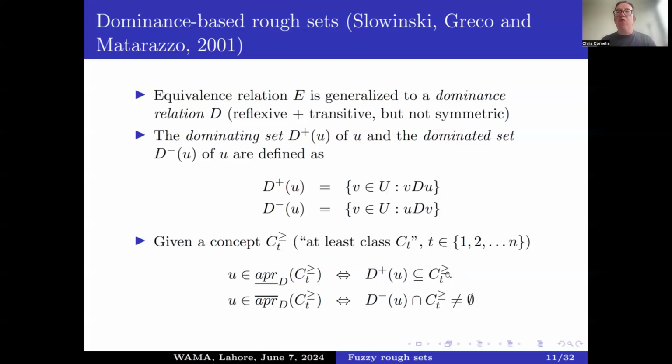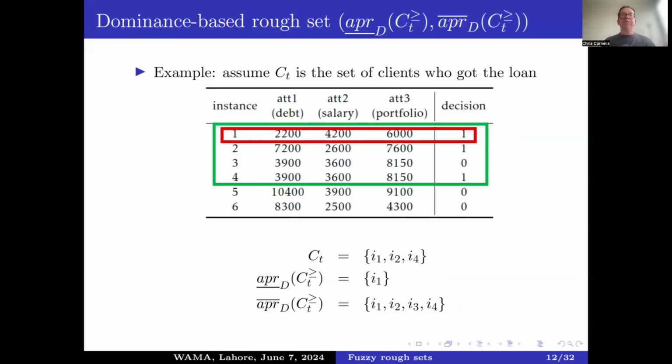And recall, dominance is reflexive. That means that each object dominates itself. So in particular, an object can only belong to the lower approximation if it itself belongs to the concept, right? So that's important also to keep in mind.